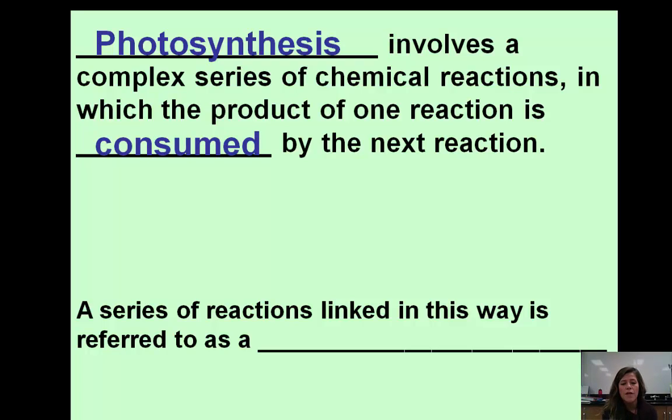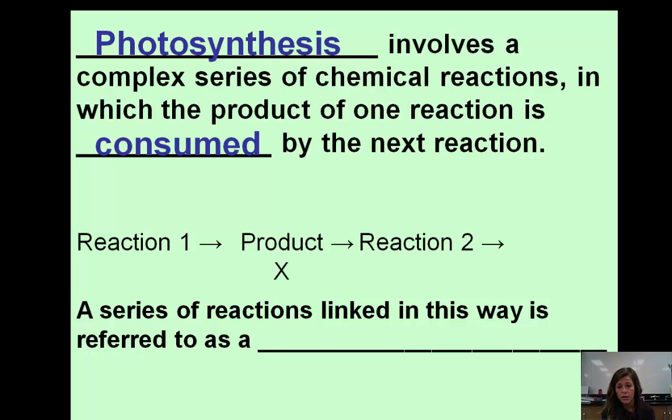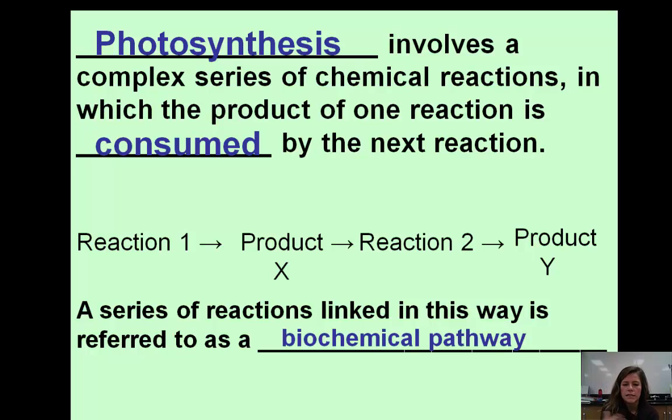And when we have that, we call that basically a chemical pathway. So we have one reaction, or reaction 1 is product X. Then product X is reused as the reactants for the product Y. So this kind of series of events, like I said, we call a biochemical pathway.